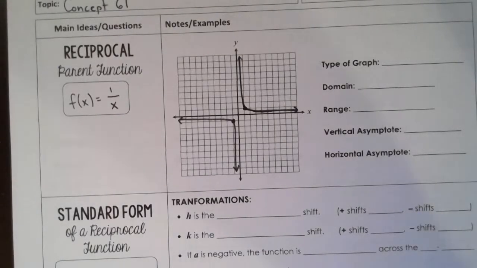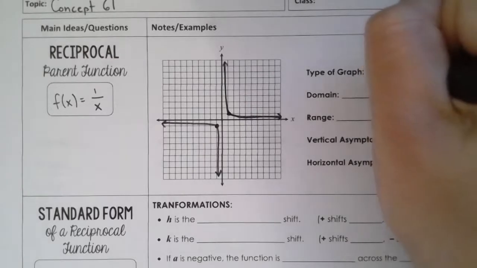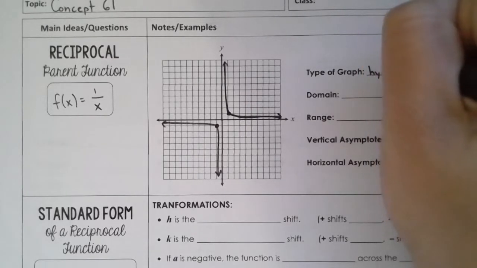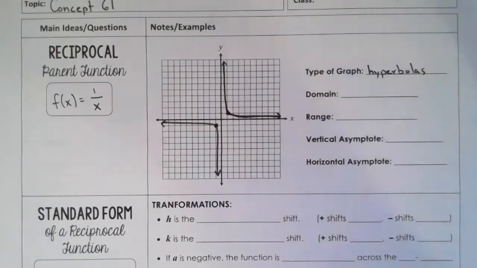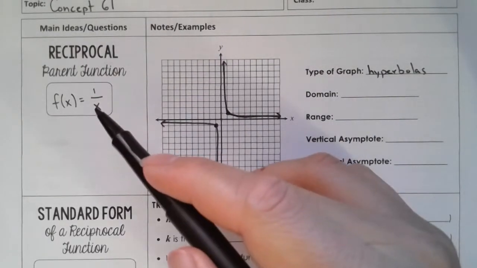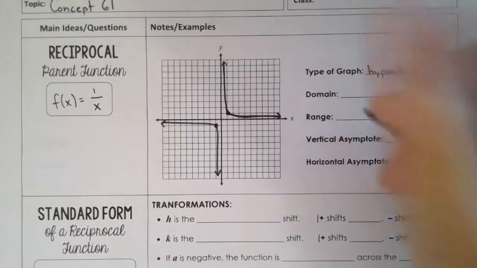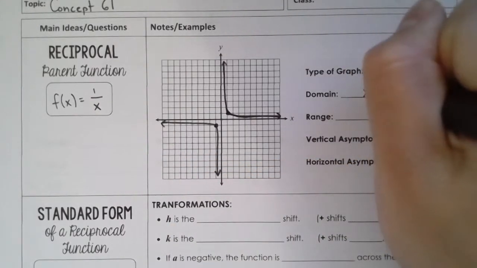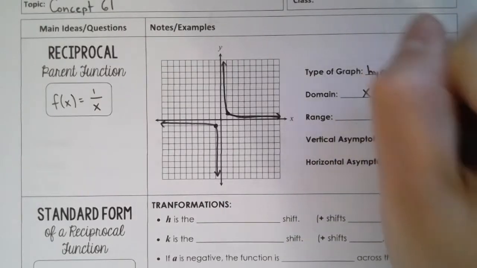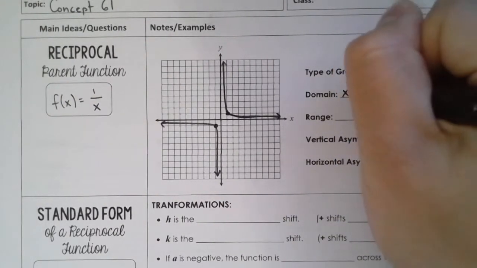So what type of graph is this? We call these hyperbolas because of their characteristics. The domain, notice that I can't plug in 0, because I have 1 over 0. It's undefined. So my domain is not all x's, and here's some mathematical notation for you.